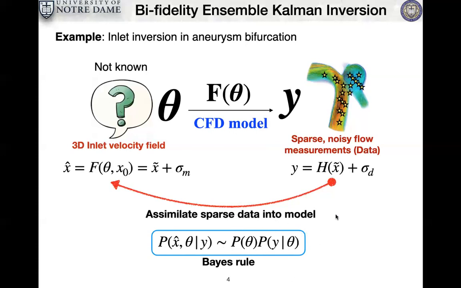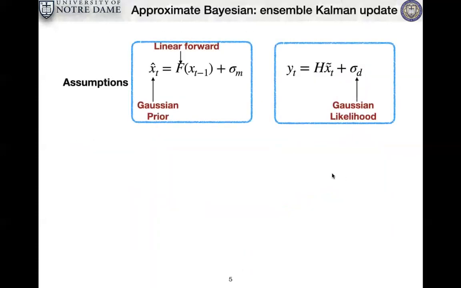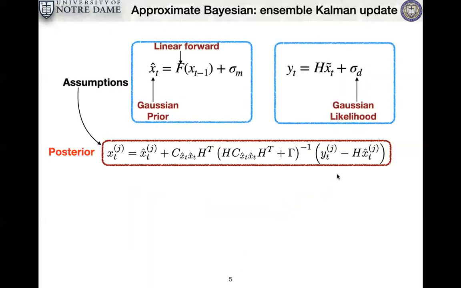We can realize this Bayesian approach by using a Kalman update. But in order to use the Kalman update, we have to make two very important assumptions. The first one is that we need to assume that the forward model is linear. The second assumption is that the prior and the likelihood are all unbiased Gaussian distributions.